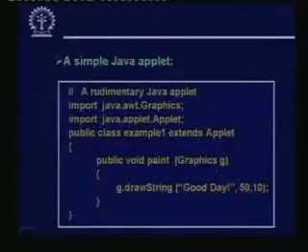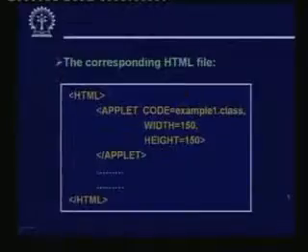And to include this particular applet from an HTML file, the corresponding HTML file will look like this. There is an HTML file where, in addition to the HTML code, you have the applet tag. Code will be example1.class, and width and height are specified for the window where the applet will be running.